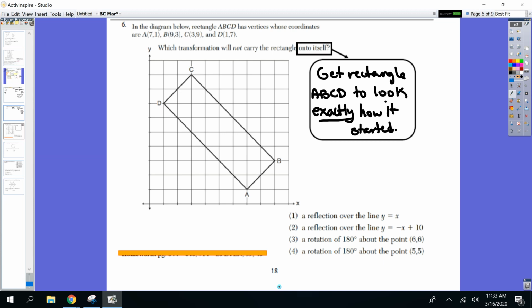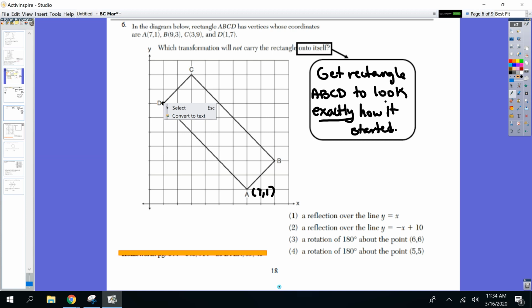Okay, so a reflection over the line y equals x. Well, let's just take it here right now. Point A is 7, 1. And anybody remember what the rule was for a reflection over the line y equals x? Switch the coordinates. So 7, 1 would go to 1, 7. All right, that point's on there, so we're good to go here. I like it.